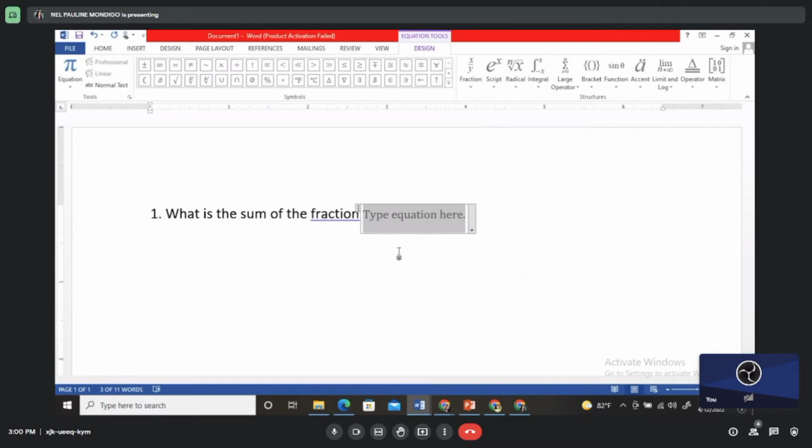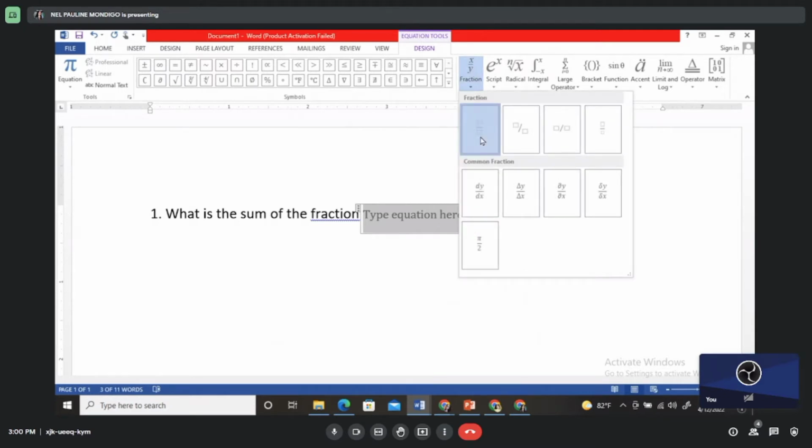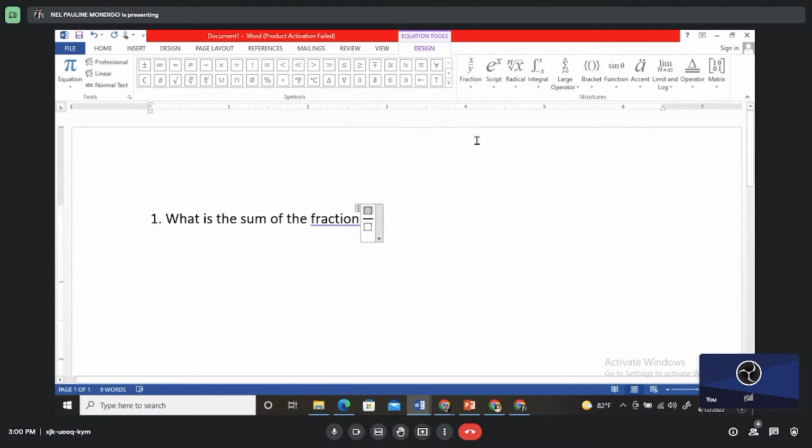It's much easier to type our equation. For the fraction, we go to the fraction, then click this and add what you want to add. 2 over 3 plus another fraction because you are going to add two fractions, 4 over 5.